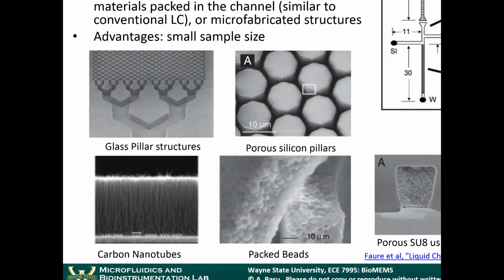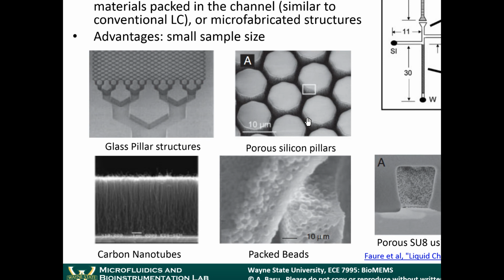This is an example where they use photolithography to define glass pillar structures. This is an example of silicon pillars, and they're made porous by treating the surface with an electrochemical etch. So imagine a molecule going through here. Because there's so many pillars here, there's a high probability that the molecule will bump into one of the walls and interact with the wall.